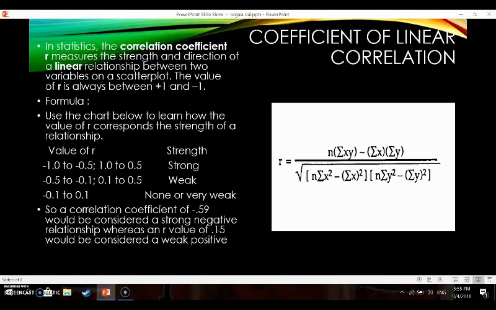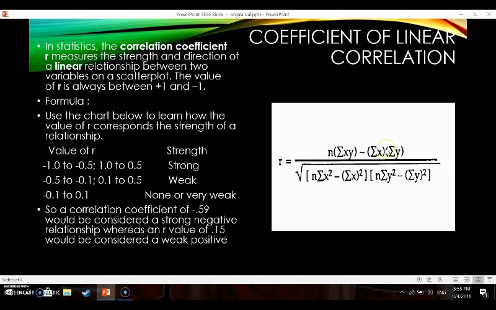So we will continue with the coefficient of linear correlation. Basically in statistics, the correlation coefficient R measures the strength and direction of a linear relationship between two variables on a scatter plot. The value of R is always between +1 and -1. This is the expanded formula.